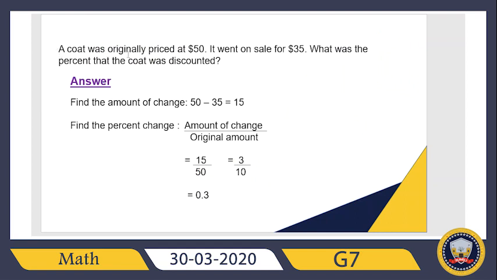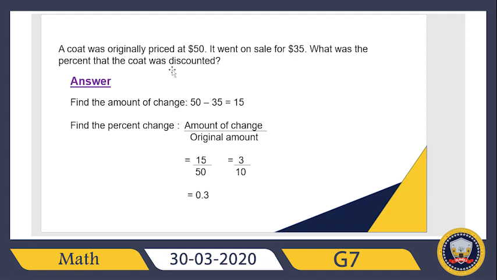A coat was originally priced at $50. It went on sale. There was a discount, and it becomes $35. What was the percentage that the coat was discounted?